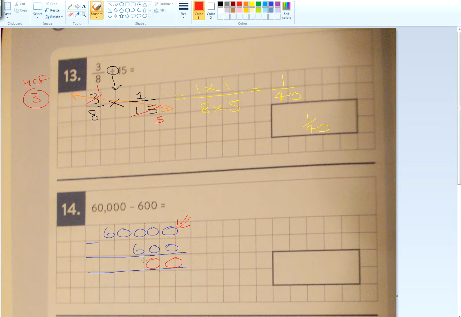Nothing take away nothing is nothing. Nothing take away 6 we can't do. You've got to borrow from this one. That becomes 5 and that becomes 10. Now we've got to borrow from the 10. That becomes 9. Then that becomes 10. So we're passing it down. So 10 take away 6 is 4. And then we have 9 and then we have 5. So the answer here is 59,400.